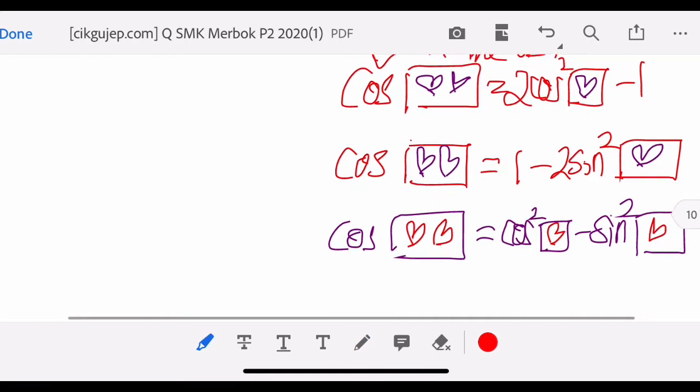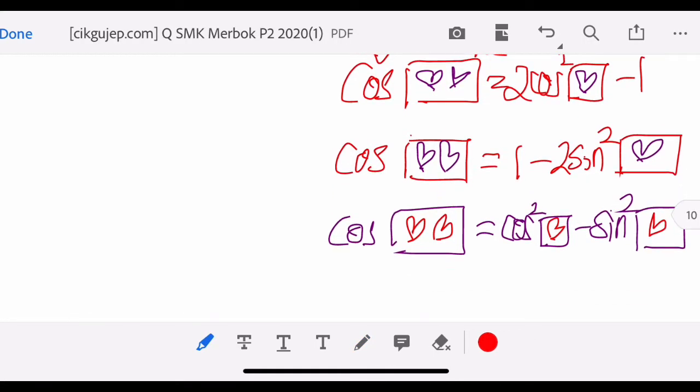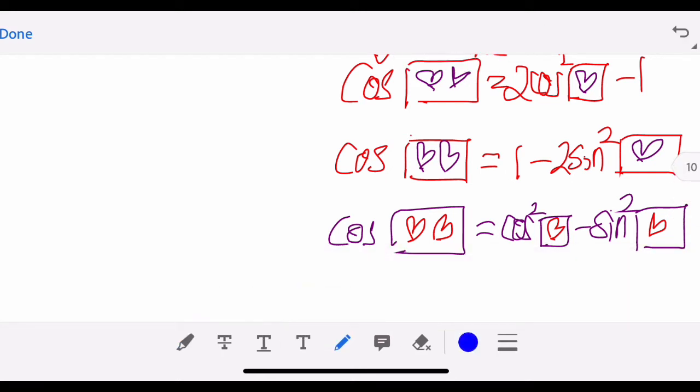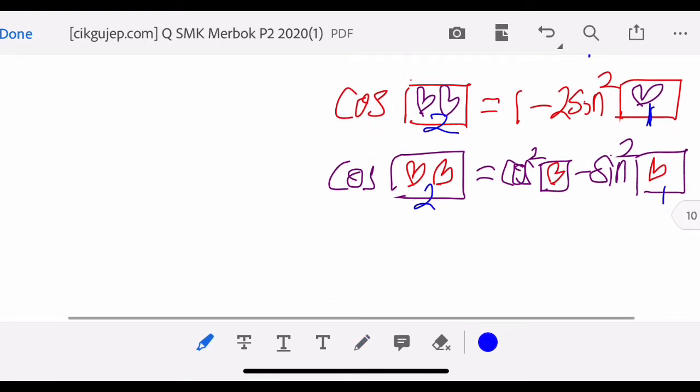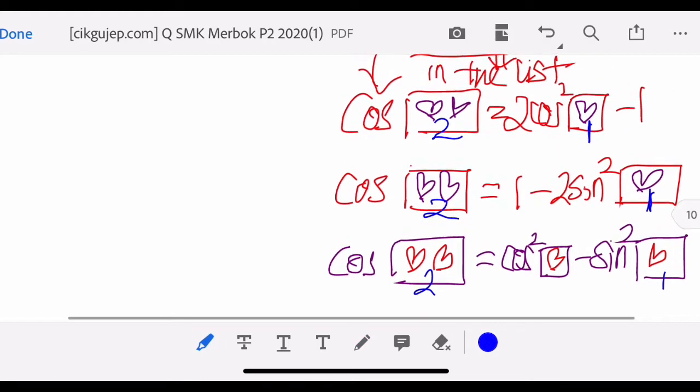So you understand how to get a half angle. Now you take out one of the love by dividing by 2 every term. So if you have cos 1 love, it will become 2 cos square half love. You have to divide by 2 for each one, right? So it becomes like this.